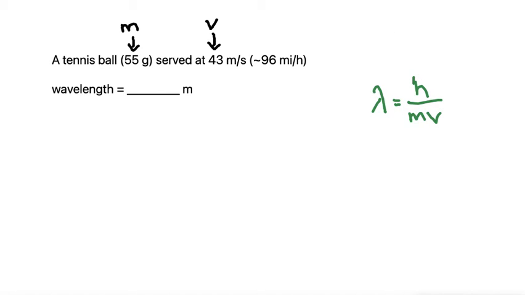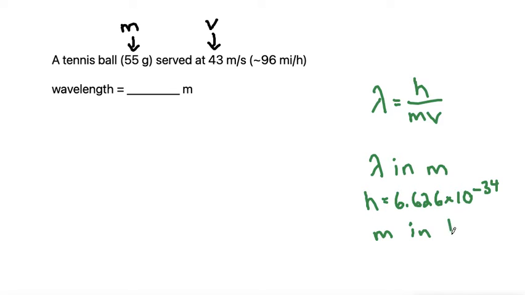And for this equation, h over mv, keep in mind that wavelength is going to be in a unit of meters if you plug in h is equal to 6.626 times 10 to the negative 34, mass in a unit of kilograms, and v in a unit of meters per second.